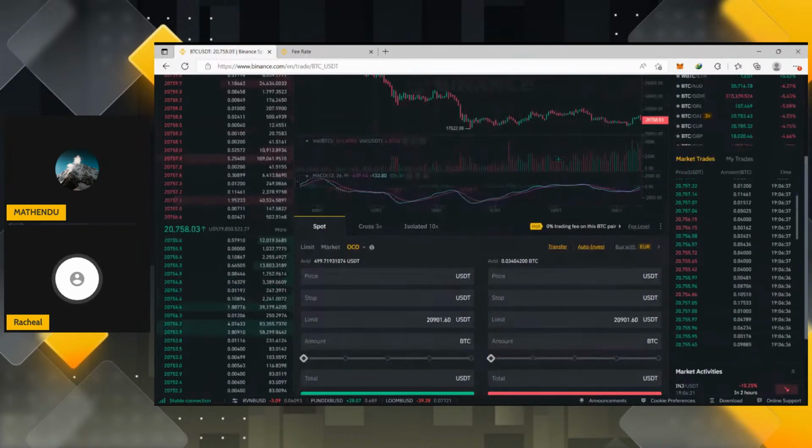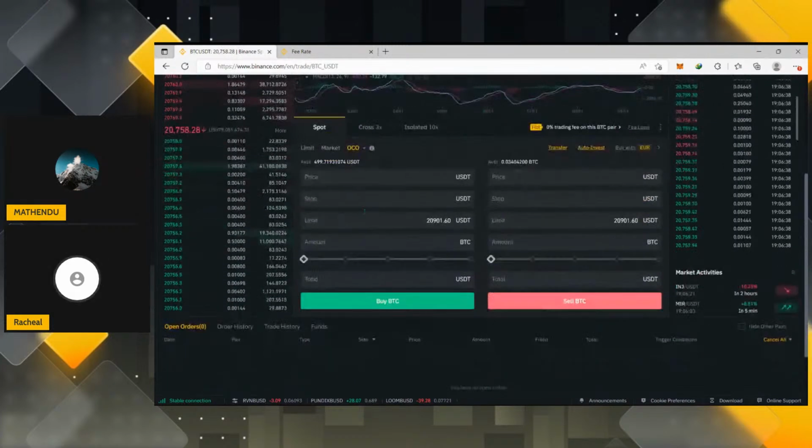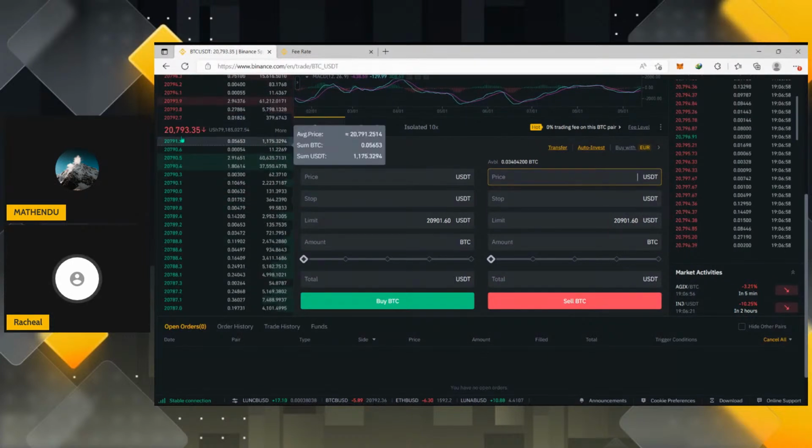So for example, right now Bitcoin is at 20,760. It's trading around that. And if I'm selling, you want to sell higher, right? So you want to sell higher. So for example, before I bought at 20,750.